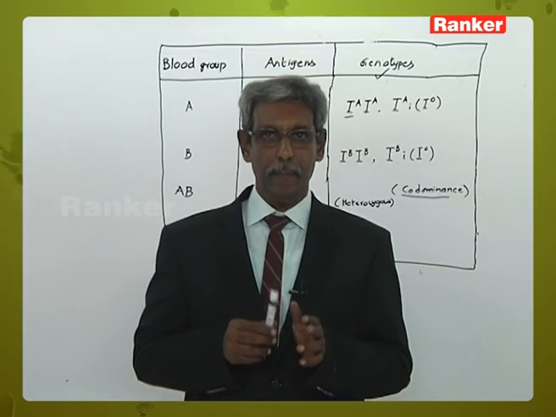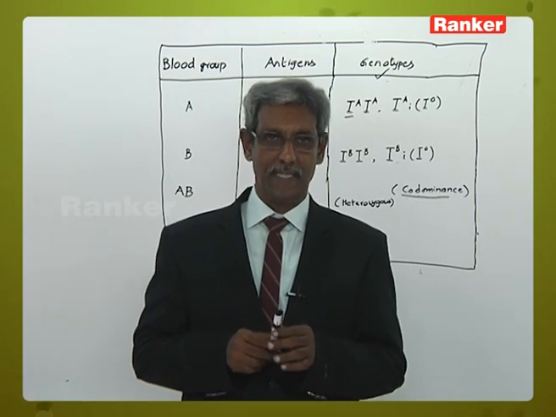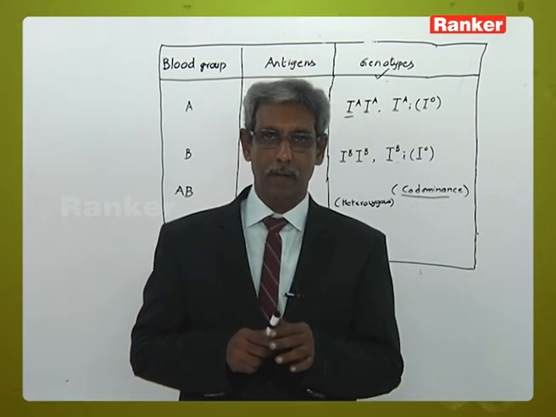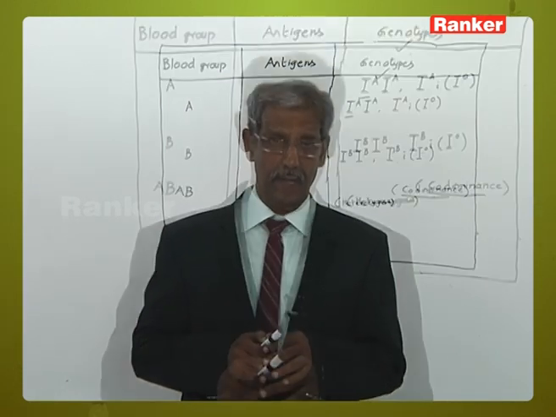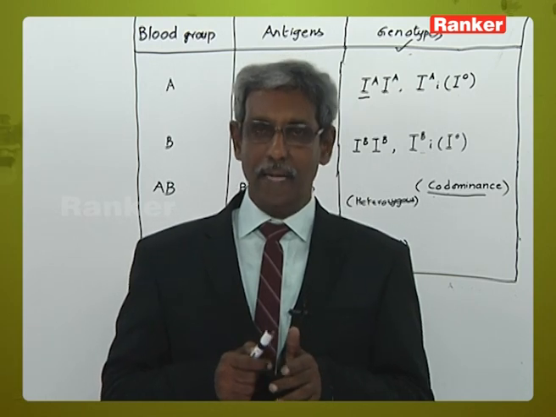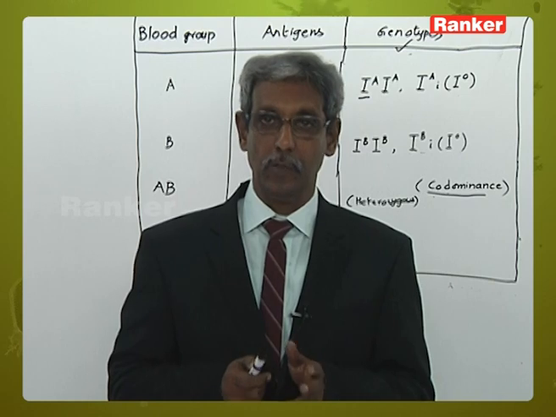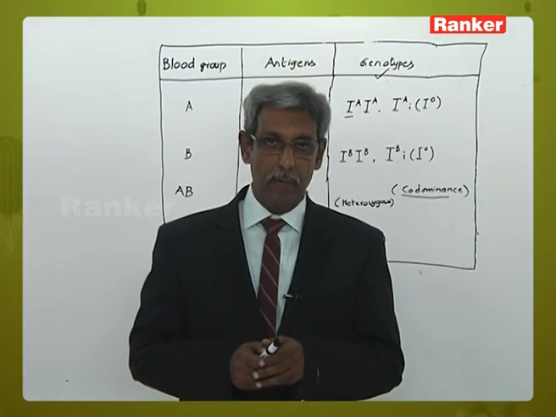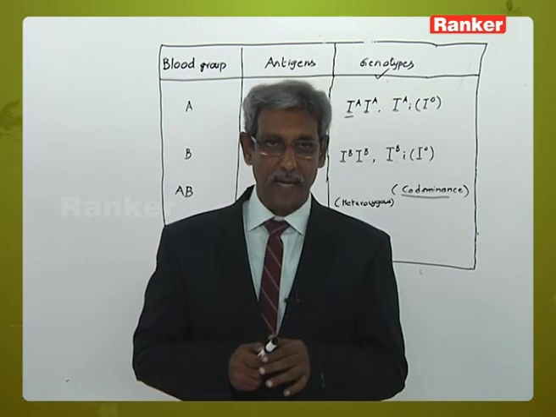In the red blood corpuscles, on the surface, on the plasma membrane, there are foreign bodies termed antigens. The antigens mix with the antibodies present in the plasma and are responsible for the agglutination or clotting of the blood. For the antigens to form, it requires certain genes to react.